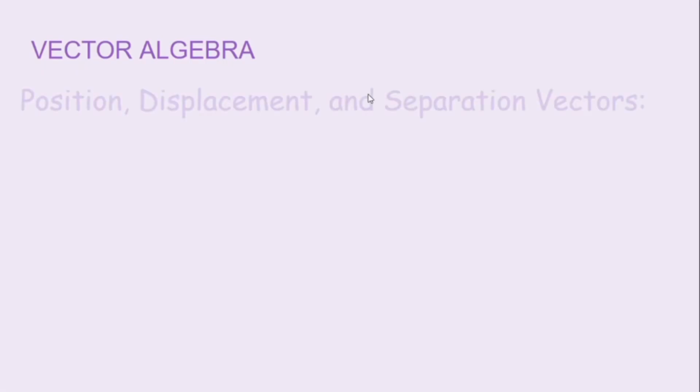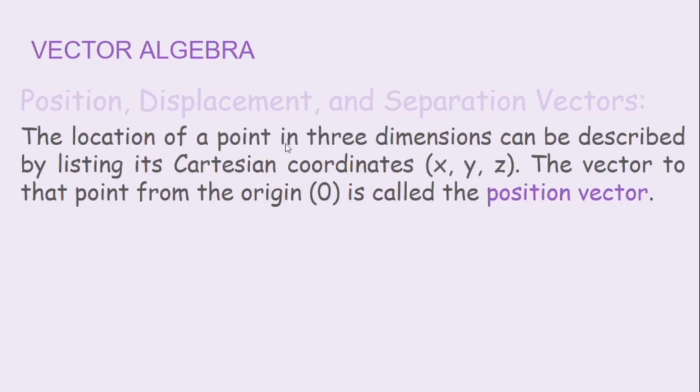Now we have the subtopic position, displacement and separation vectors. What is a position vector? We will see here a point in 3 dimensions, and we can describe it in Cartesian coordinates x, y and z, basically x cap, y cap and z cap, or i cap, j cap and k cap.